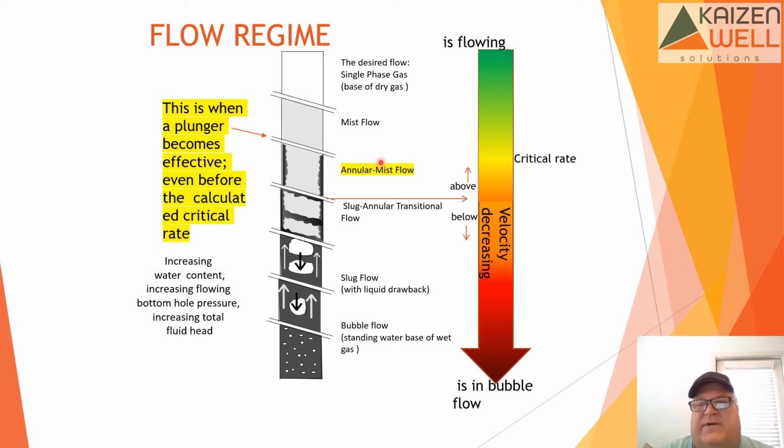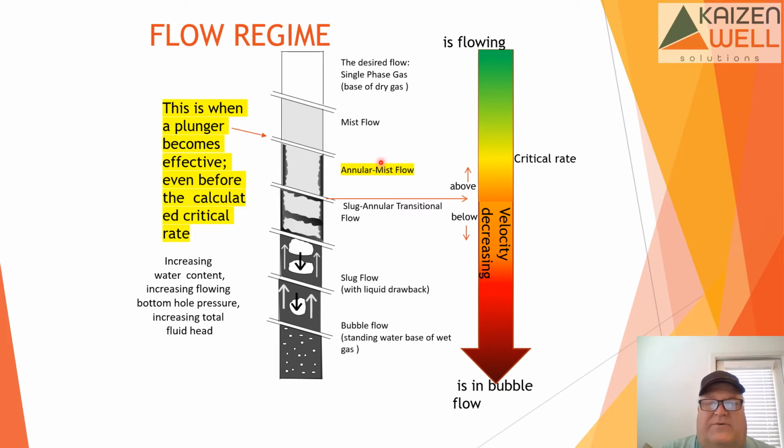So if your calculated critical rate was a million standard cubic feet, you'll start to see slugging and some opportunity to optimize your well at probably closer to 1.1 or even 1.15.